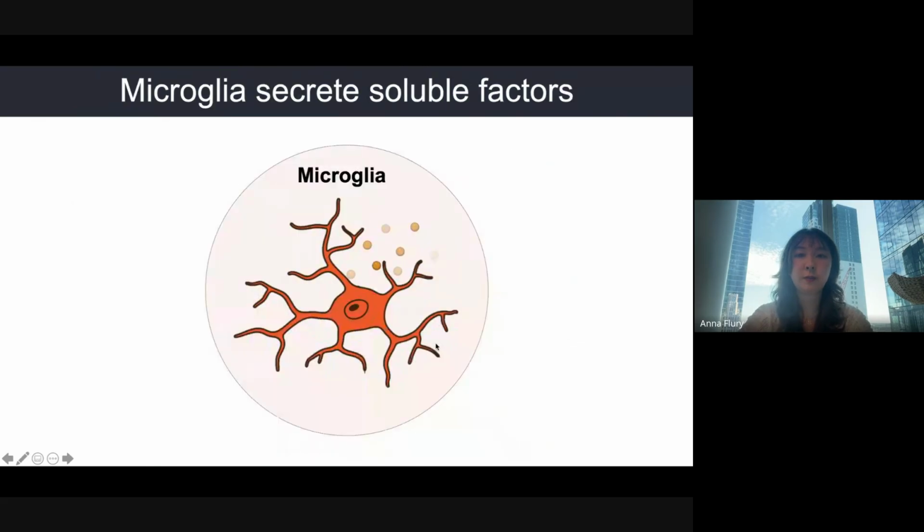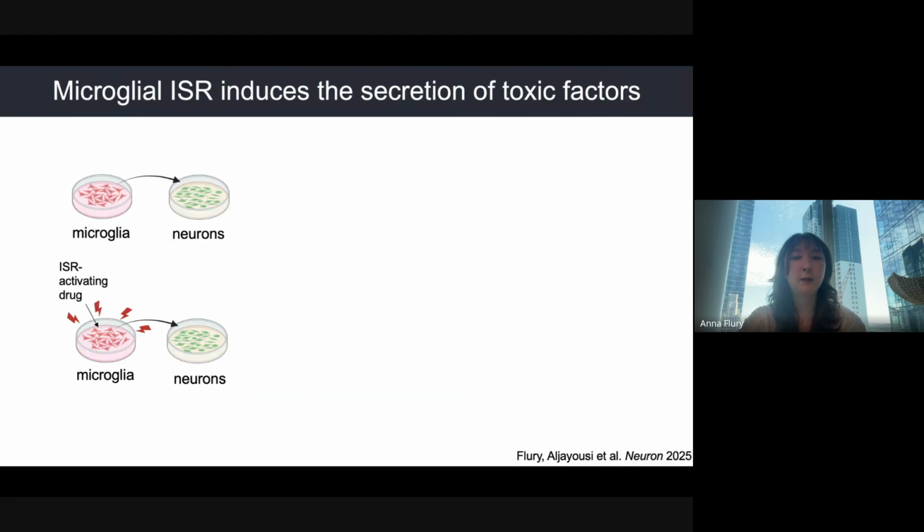So to think about that, we went back to the physiological functions of microglia, and we know that microglia secrete soluble factors that can act as signaling molecules to the cells around them. So we wondered whether our stressed microglia would also secrete soluble factors, and whether these could be maladaptive.